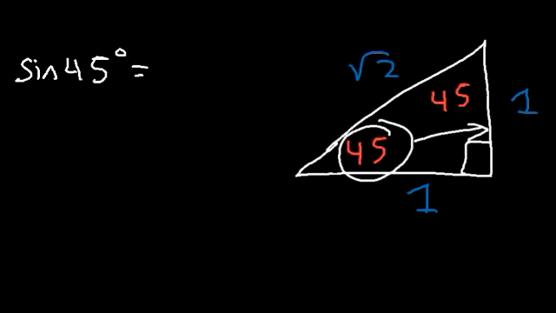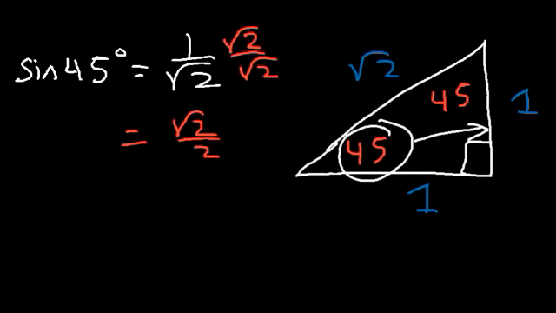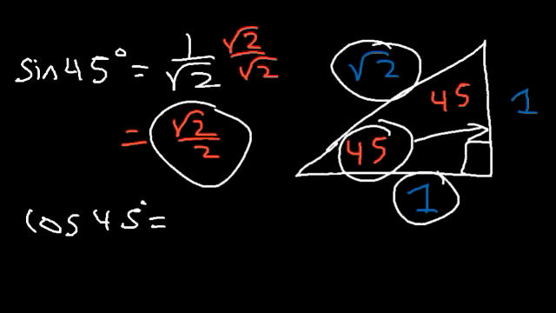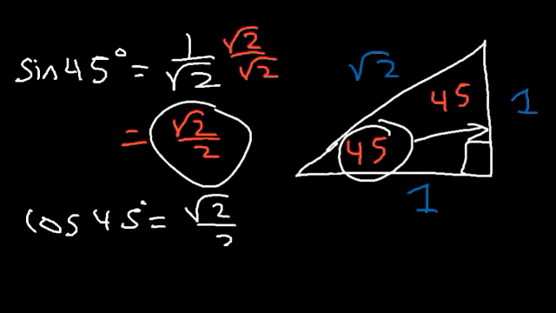It's opposite, which is 1, divided by the hypotenuse of root 2. And you do have to rationalize it. But when you do, you're going to get root 2 over 2. Sine 45, that's what it is, root 2 over 2. Cosine 45 is going to be the same thing. It's going to be adjacent divided by hypotenuse, which is 1 over root 2, which rationalized is root 2 over 2.